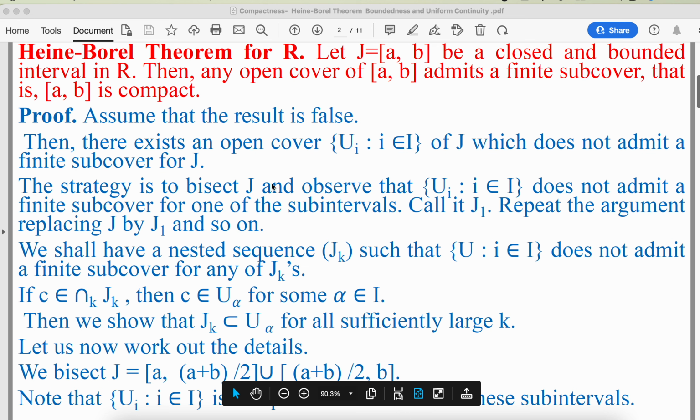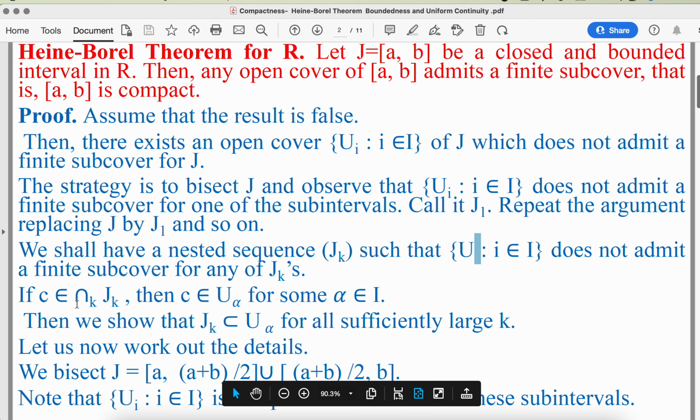When we divide this J, we call the sub-interval J1, and we repeat this argument, replacing J by J1, J1 by J2, J2 by J3, and so on. In this case, we will have a nested sequence J_k such that U_i, i belonging to I, does not admit a finite subcover for any of the J_k's.